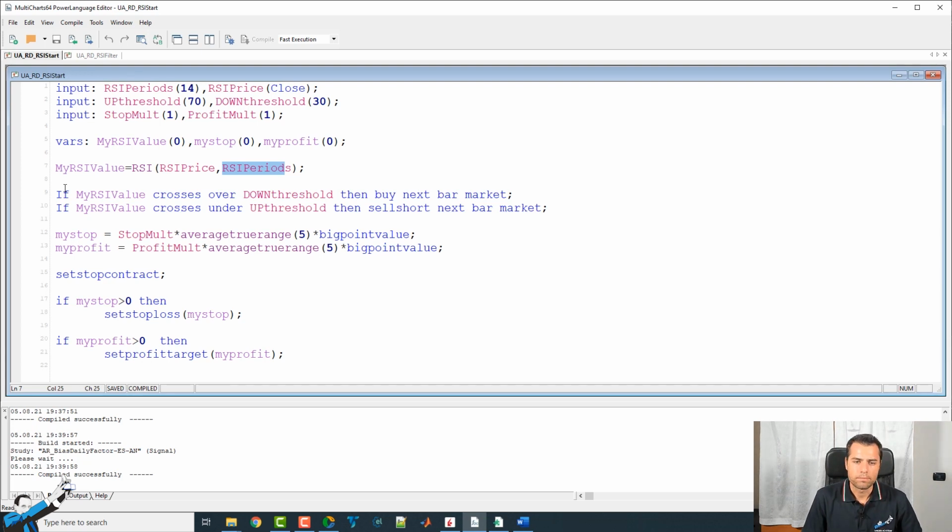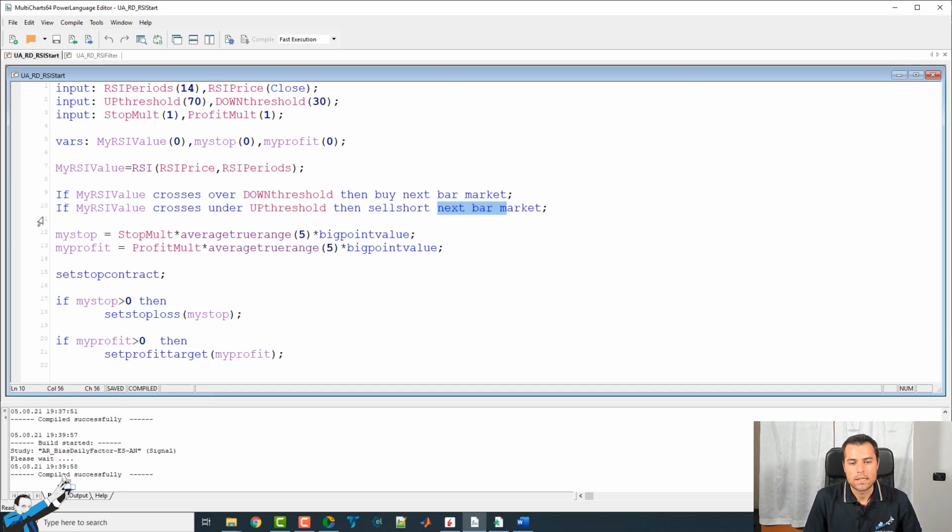If my RSI value, the one I calculated earlier, crosses above my minimum threshold, which is equal to 30, we will buy next bar at market. Conversely, if the RSI evaluated at the close of today's bar crosses under the up threshold, then we will open a short position selling the next bar at market.